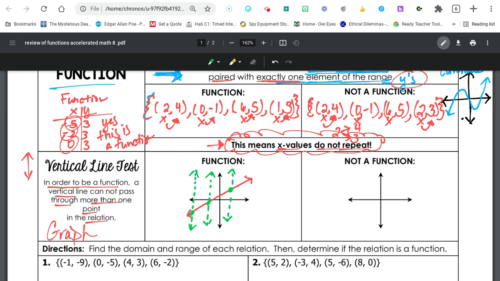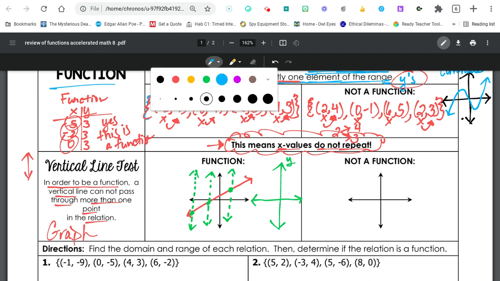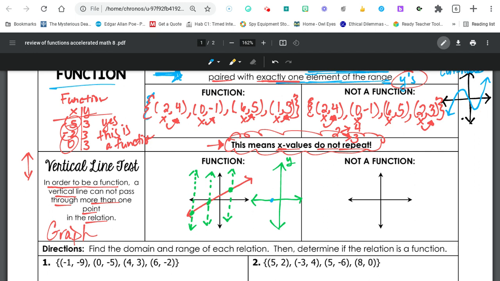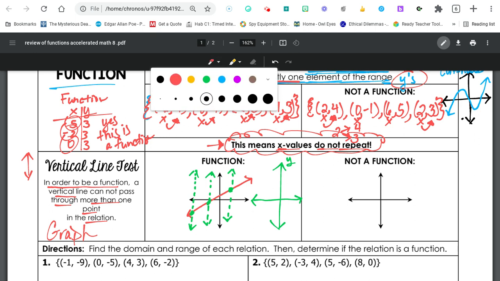Let me do another one, guys. This time I'm just going to make a discrete graph. Discrete. So what I just did was continuous, okay? Let me do a discrete graph with just some ordered pairs on it. Let me do some tick marks.